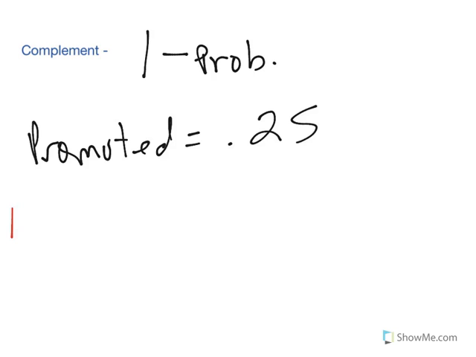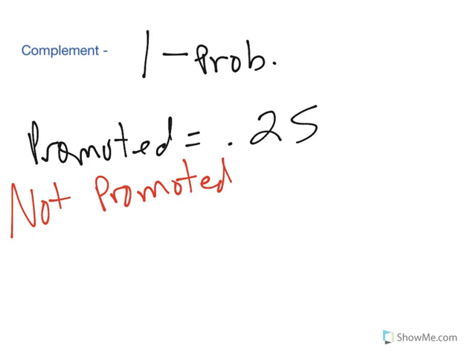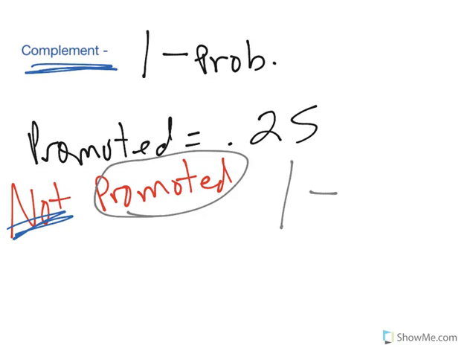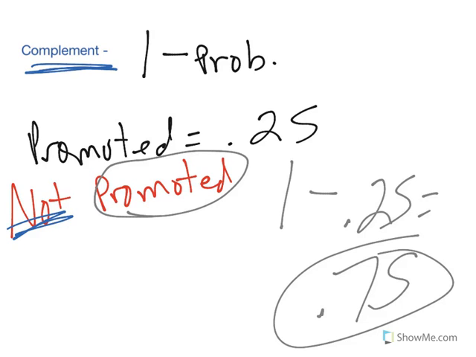If we talk about being not promoted, and the key word to complements is the word not, because not means the opposite, to find it mathematically, we would take 1 minus whatever the probability is for promoted. So when you see not promoted, you would take 1 minus promoted, and that gives you 0.75, which is called the complement. So 1 minus finds you the complement.